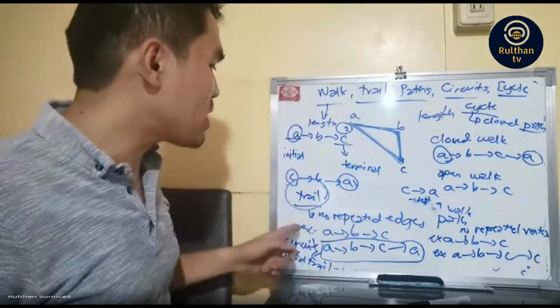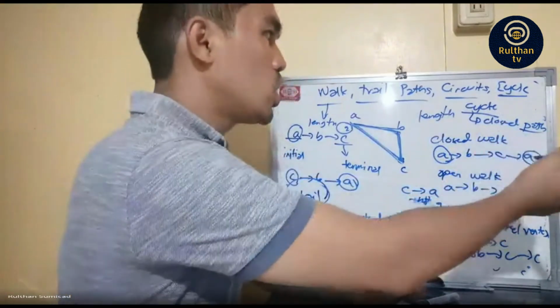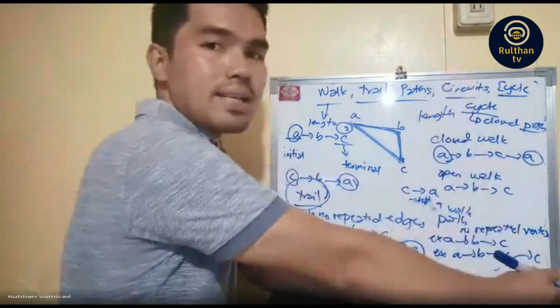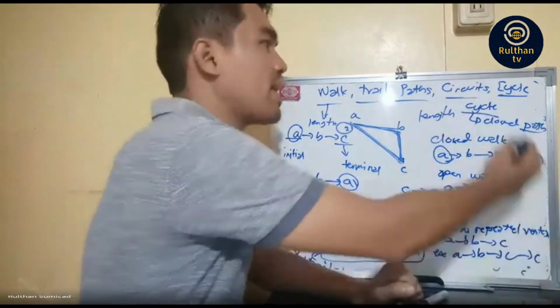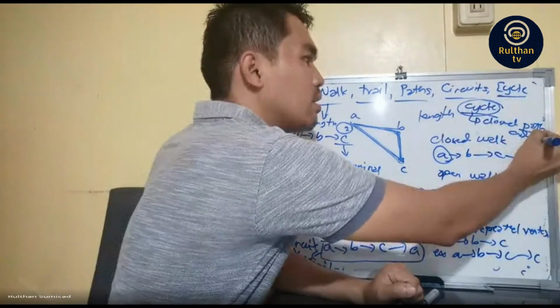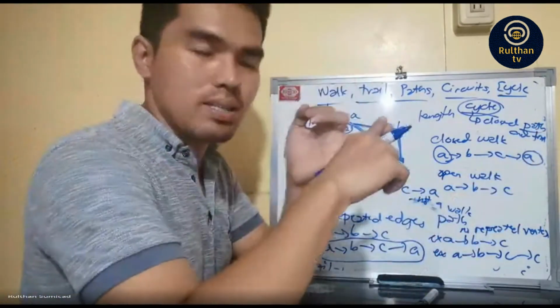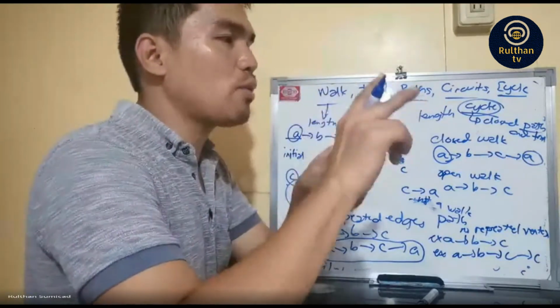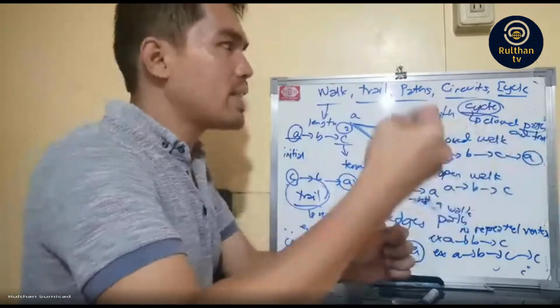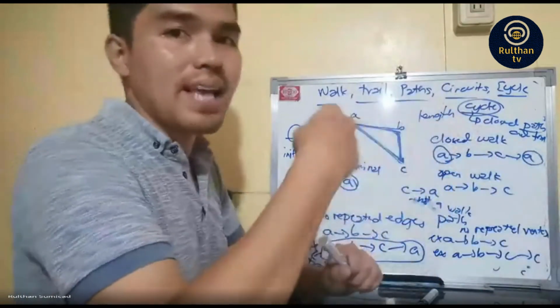So it's like a combination. A cycle is a path and a trail at the same time. No repetition of vertex, no repetition of edges. That is a cycle. So whenever you have a walk that is a path and a trail at the same time, then that is a cycle.